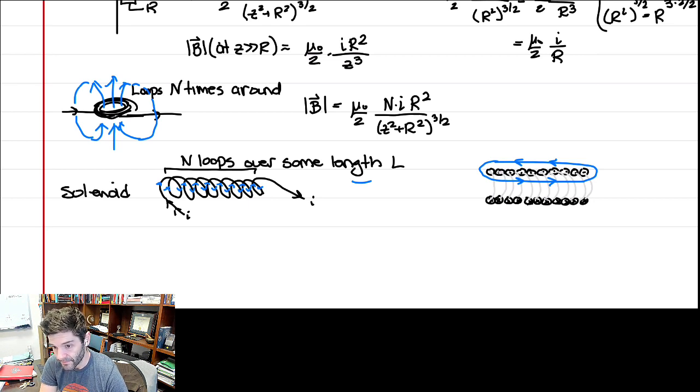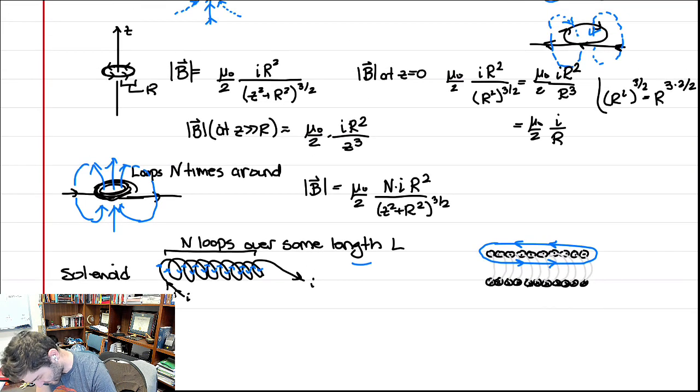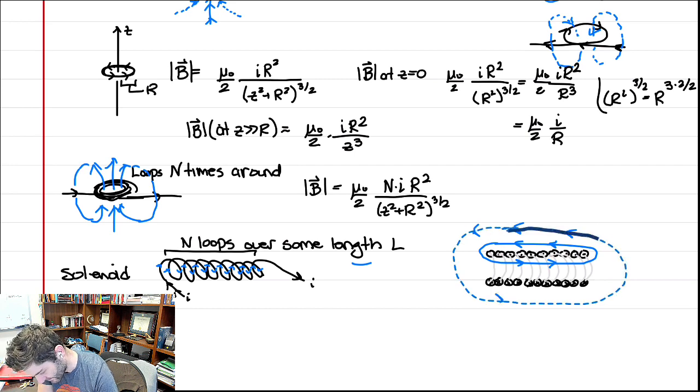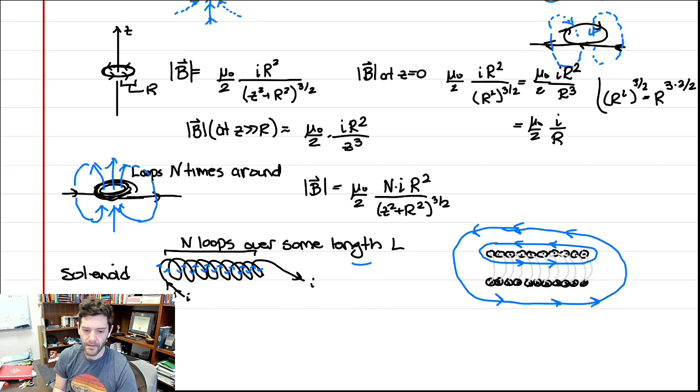And if you go a little bit farther out, you get again something that looks like an oval sort of thing. I'm not drawing it super well, but that's okay. Now let's think about what's going on with all the wires at the bottom. Those wires loop around, and now they're going into the page.